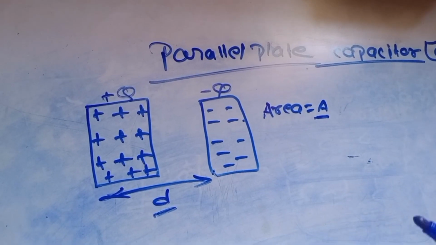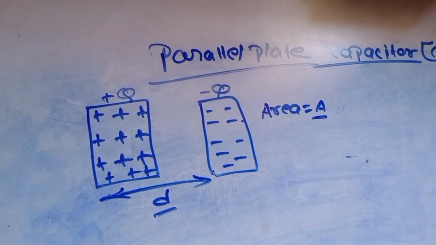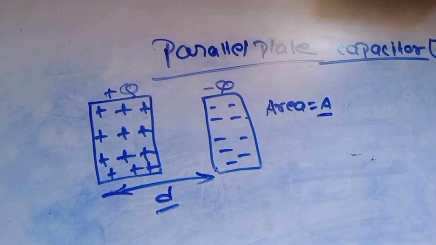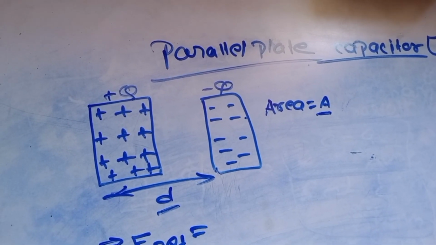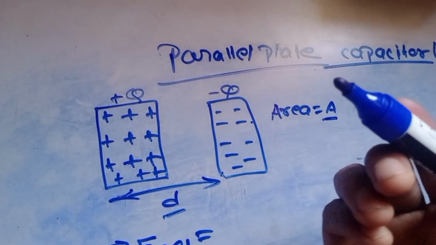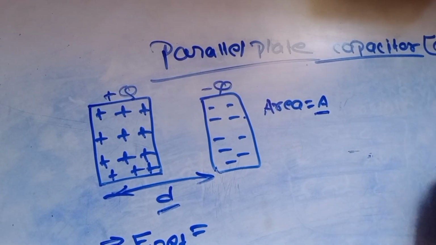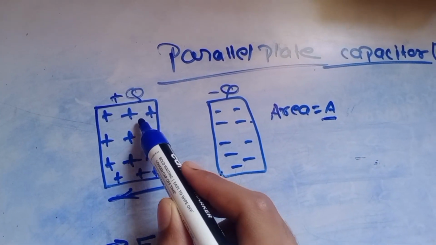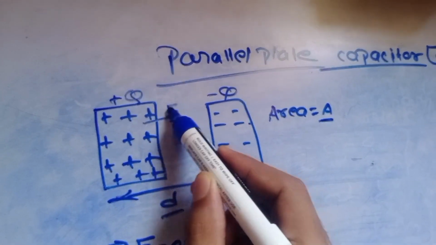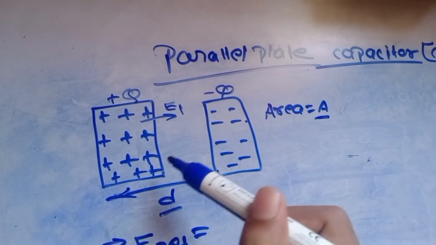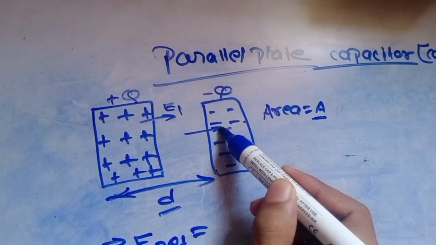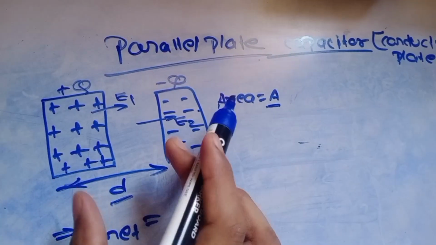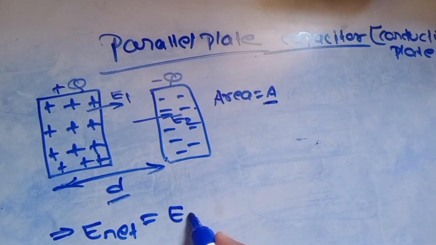For this we have to find delta V, and for delta V we have to find the electric field. As we know, electric field arises from positive charge and terminates at negative charge. So the electric field from the positive plate is E1, and the other electric field which terminates at the negative plate is E2. So E net between the parallel plates is E1 plus E2.